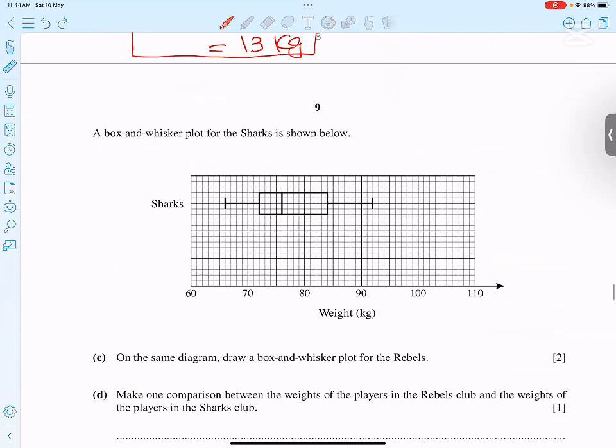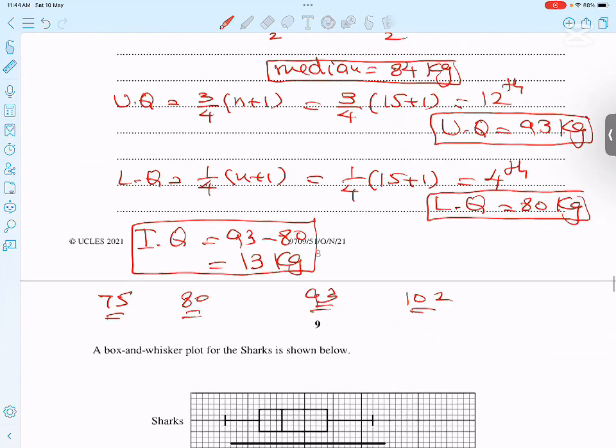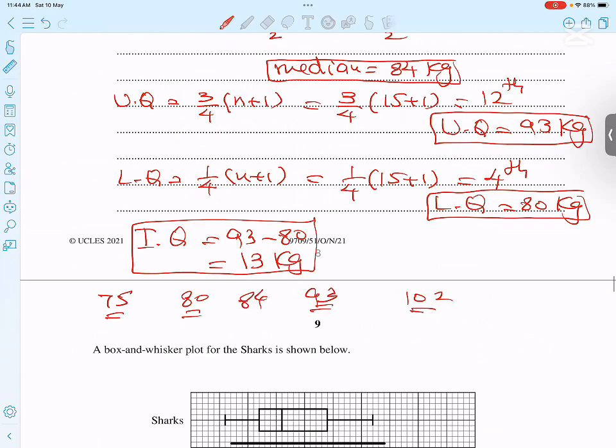Then the lower quartile 80, the upper quartile 93, and the median 84 in the middle. We write them in order: smallest value, lower quartile, median, upper quartile, largest value.